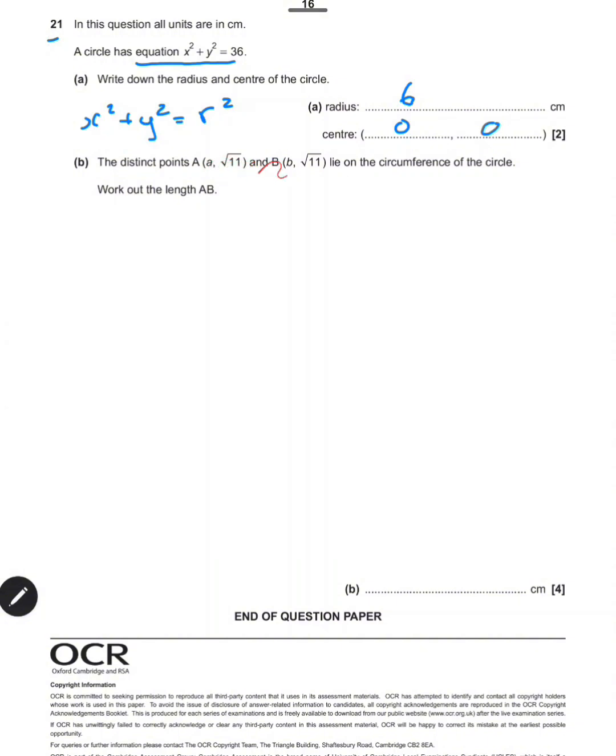If we look at part B, we've got 2 points, but I'm just going to focus on one of them. This is an x, y coordinate. So I'm going to start with my equation of a circle, x squared plus y squared equals 36 in this case. I don't know the x coordinate, so that's going to stay as x squared. I do know the y coordinate, so this is root 11, and I need to square that, equals 36.